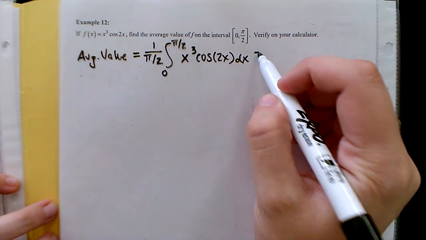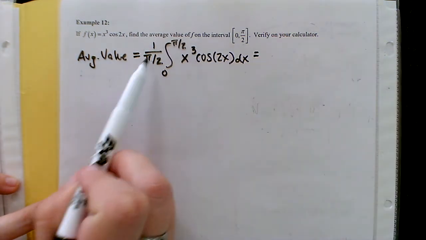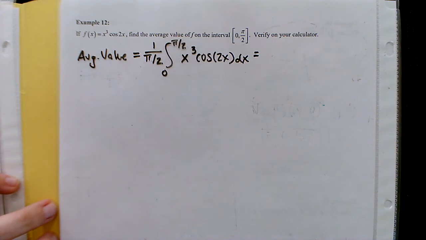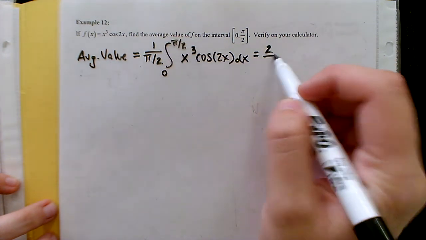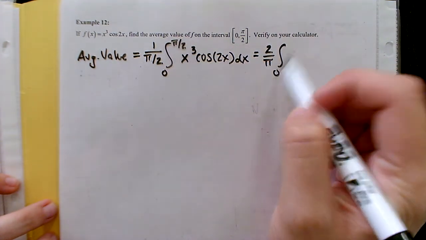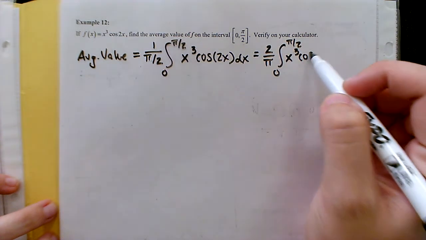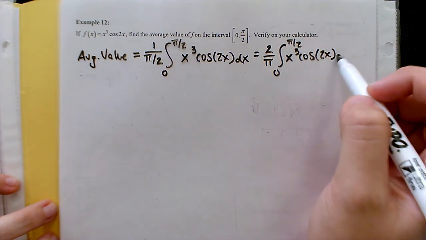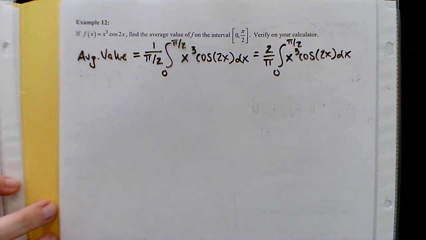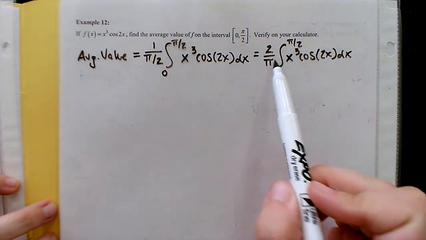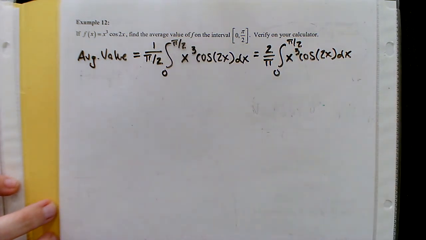All right, I'm going to clean this up a bit. Instead of dividing by that fraction, you can multiply by the reciprocal. At this point, I want you to go ahead and type this into your calculator to see what you would get as your average value.